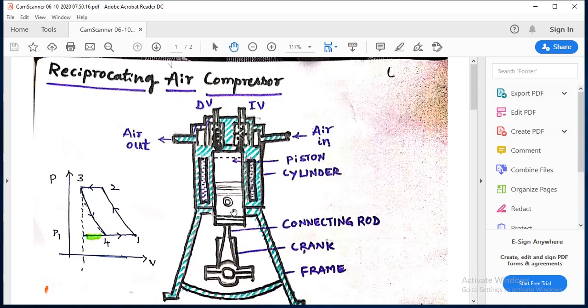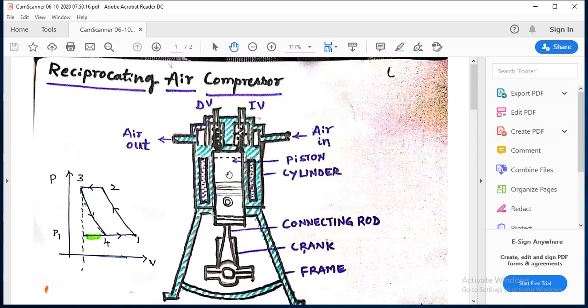In the next stroke, that is the upward stroke, the piston moves in the upward direction so that it compresses the air. Hence, the pressure of air increases. As soon as the pressure of air becomes more than the pressure outside the cylinder, the inlet valve will be closed. Now both the valves are in the closed position.